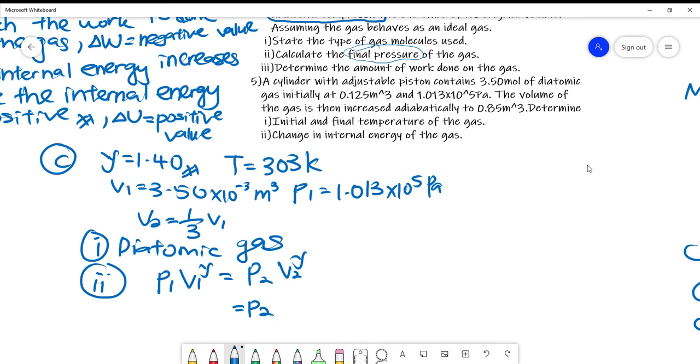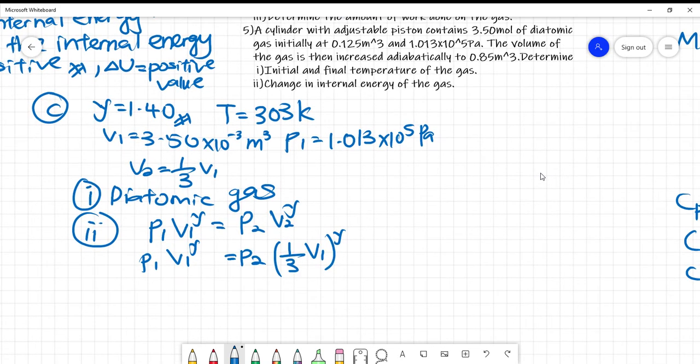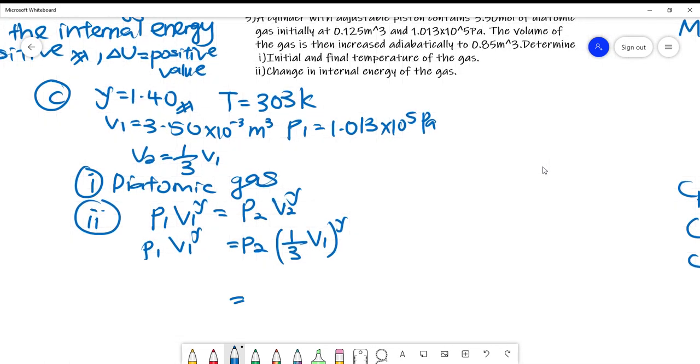Since V2 is 1/3 of V1, this will be my gamma. So this is P1 V1 gamma, and the V1 to the power of gamma can be cancelled.